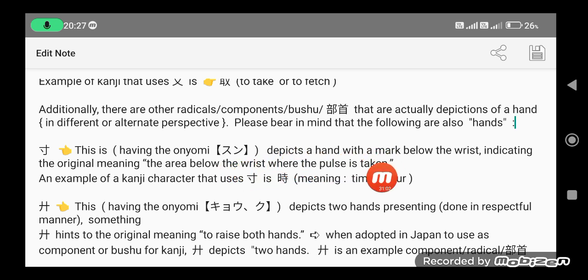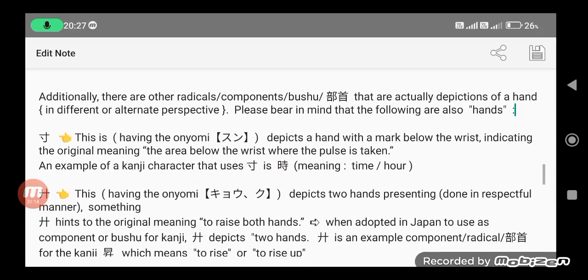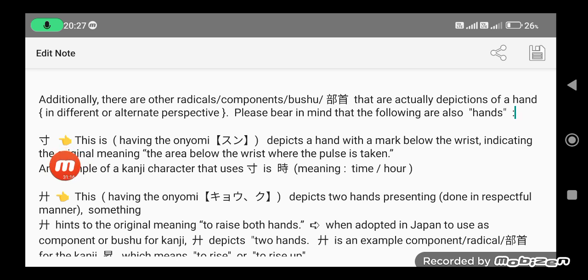It's a hand with a mark below the wrist indicating the original meaning, the area below the wrist where the pulse is taken. For example, what is an example of a kanji that uses this radical? This is toki, ji or toki, meaning time.